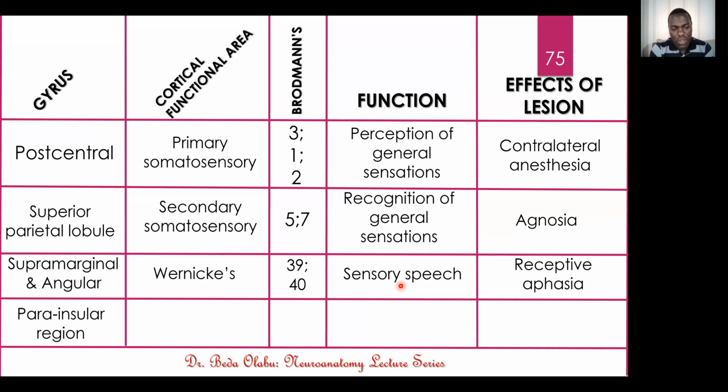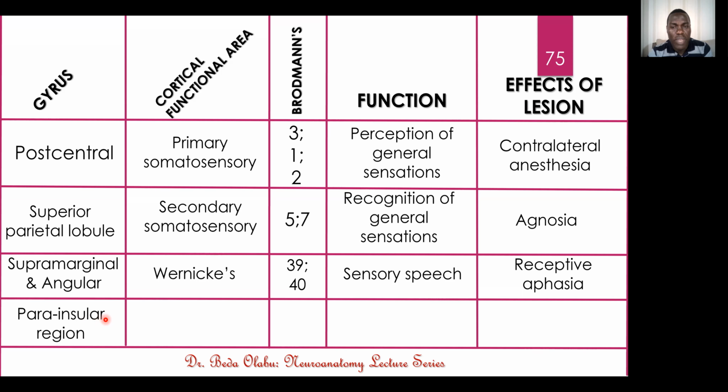Someone mentioned the presence of the insular region, and I told you that the insular region is hidden within the lateral sulcus. But the regions of the parietal cortex adjacent to the insular region, I want to call that the parainsular region.